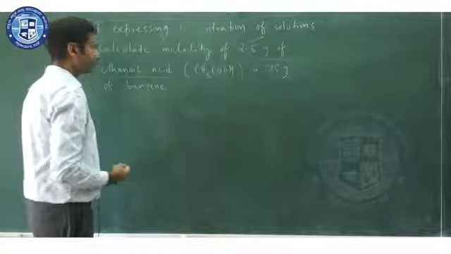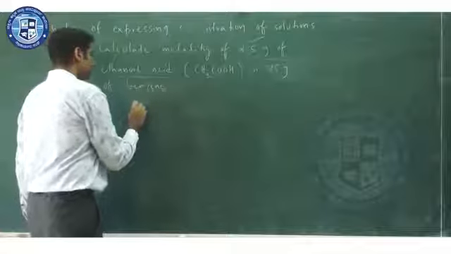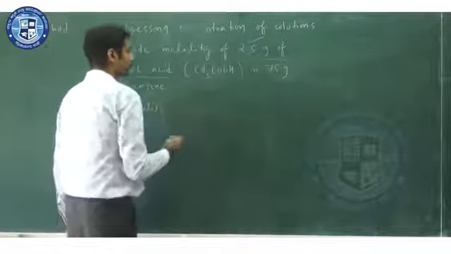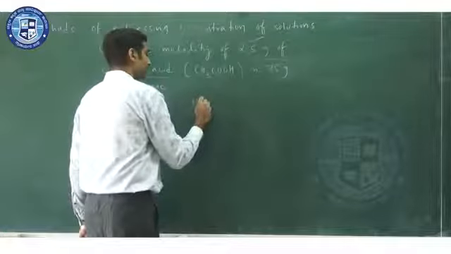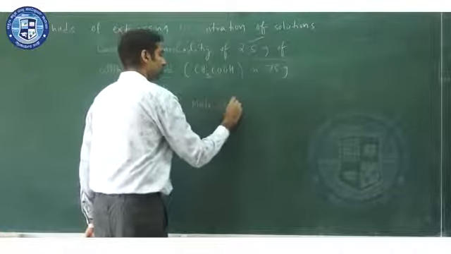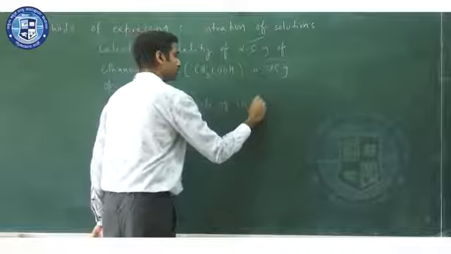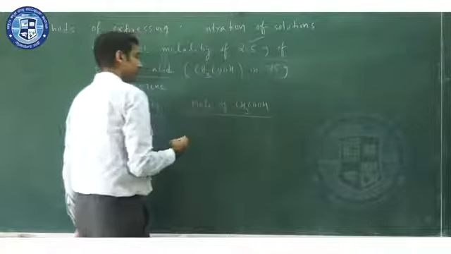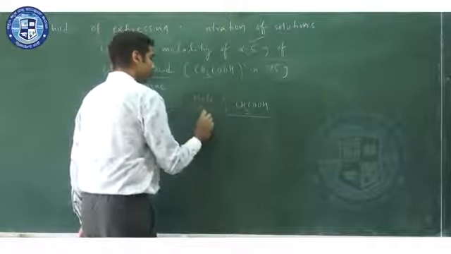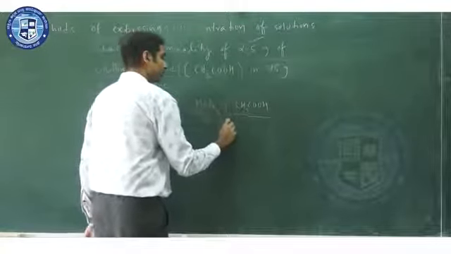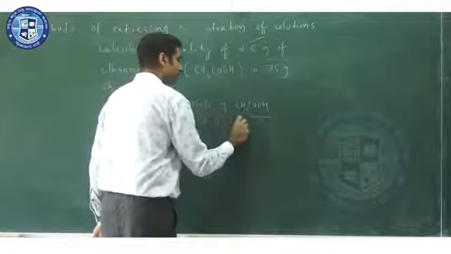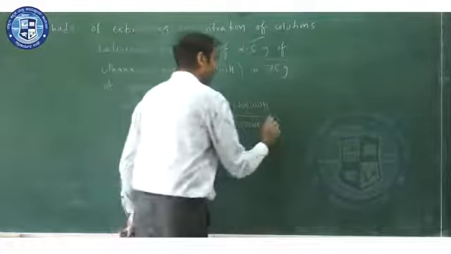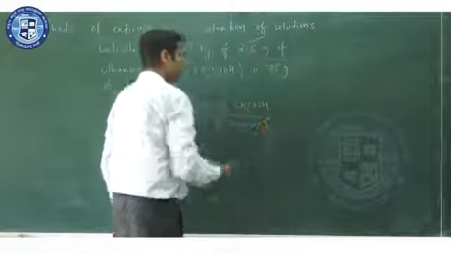Hence, to find the molality of this solution, you take the number of moles of ethanoic acid, the solute, divided by the mass of the solvent, which is benzene, but in terms of kilograms.